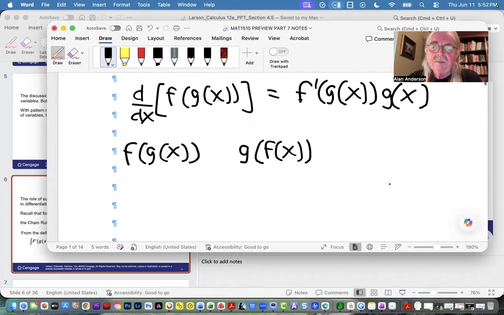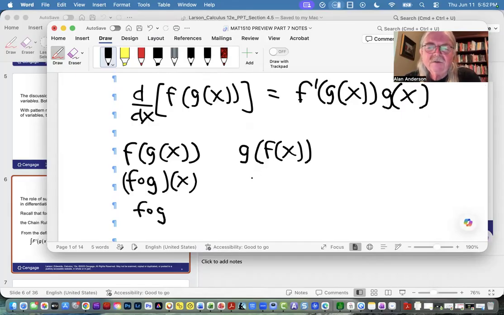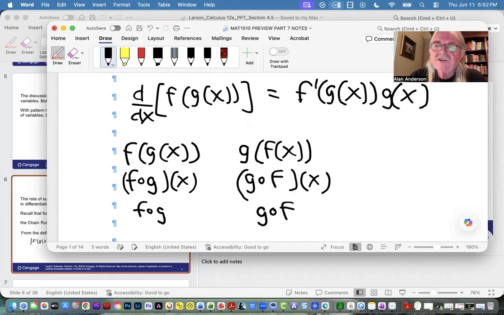And again, they're both composite functions because it's a function of a function. Sometimes this one is written as f of g, or f∘g, without the x. Here we can write this as g of f of x, or g∘f.